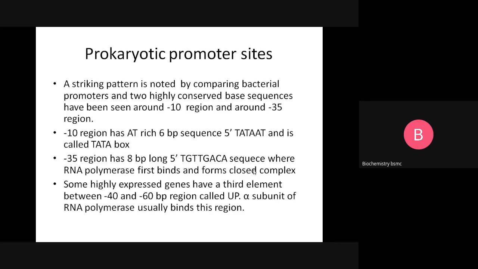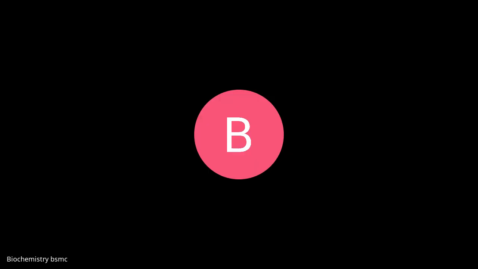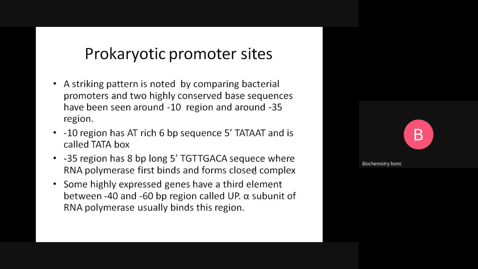So it is very important to note the term closed complex. In some texts we see pre-initiation complex, but most commonly during transcription, binding of the polymerase occurs and a closed complex is formed. After the closed complex is formed, RNA polymerase is bound with the promoter site, and gradually this polymerase will slide more towards the start site.